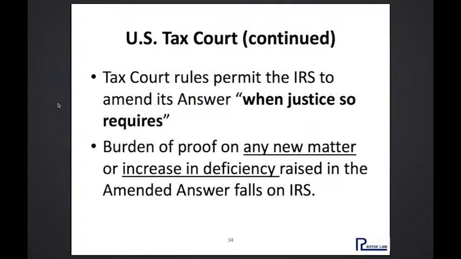Another example: I had a case that had a bunch of factors being applied by the court, and there were 3 tax years at issue, and in one of the years, the burden was on the IRS.